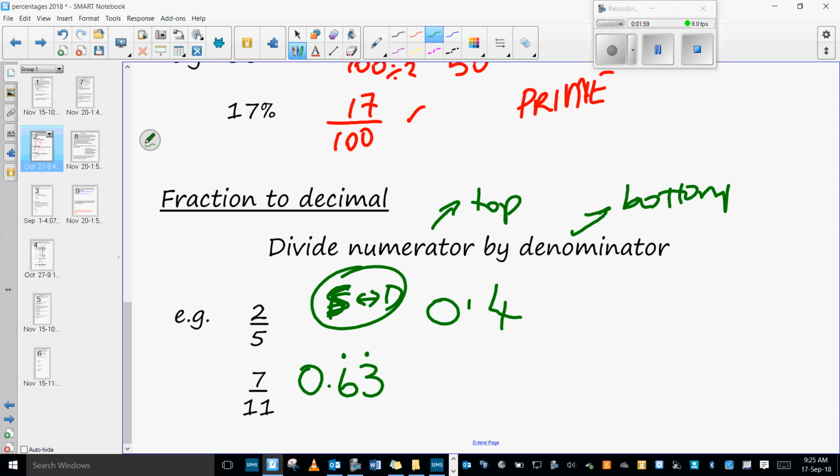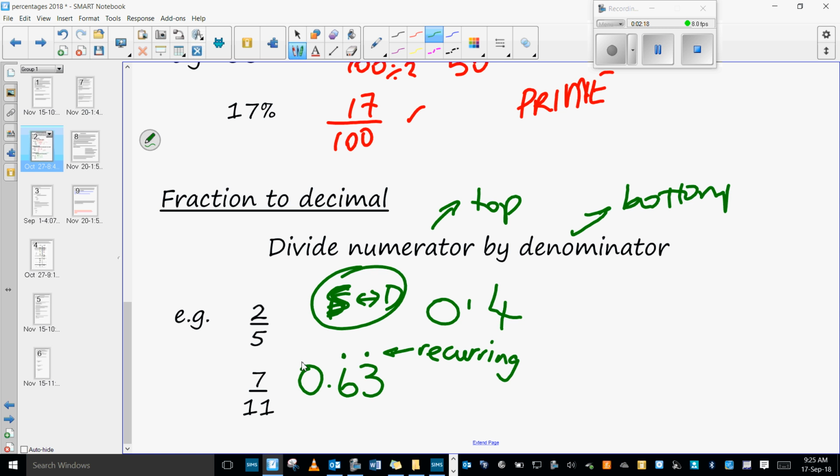It does carry on. Now, this thing here says that it's recurring, not reoccurring, which some people say. If there was just one number that has a dot on the top, it means that that one number just keeps going and going.